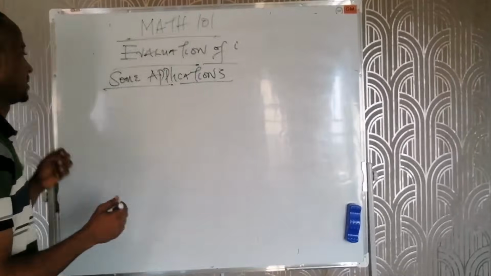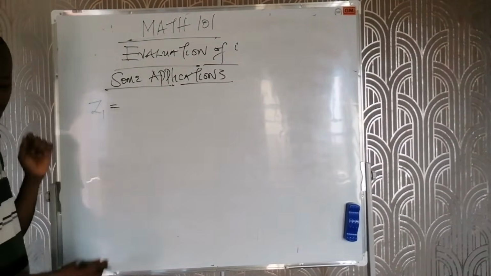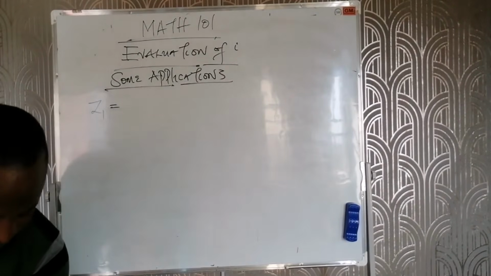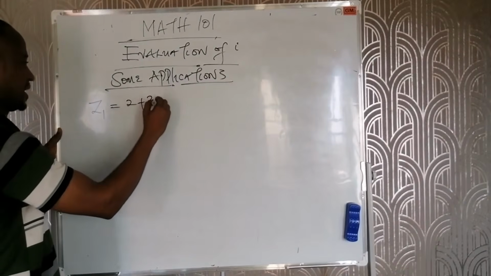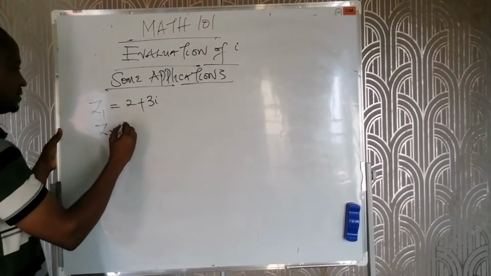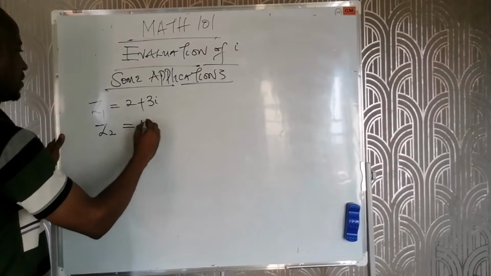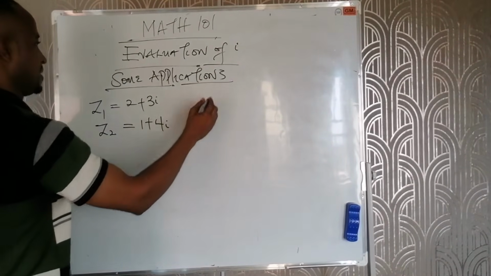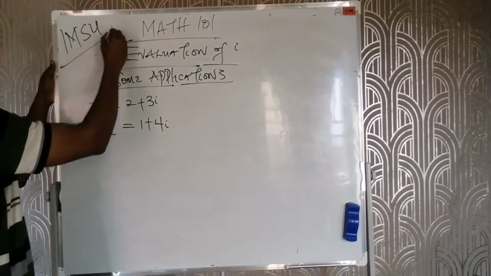For example, let me pick from your past questions: z1 equals 2 plus 3i, then z2 equals 1 plus 4i. This is an IMSU past question, Imo State University past question, all right?